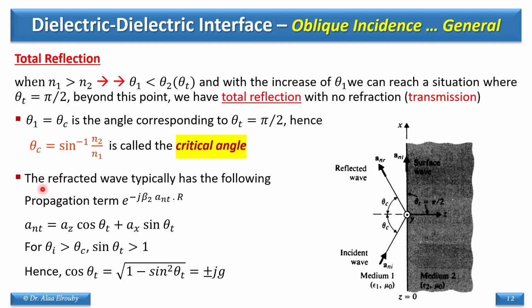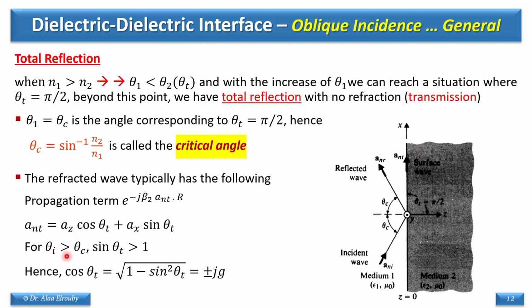Now let us look into the refracted wave, the wave in media number 2. It's propagating in general as e to the minus j beta 2 an dot r, where an is the direction of propagation in media number 2 and r is the position vector. In media number 2, an equals az cosine theta t plus ax sine theta t.